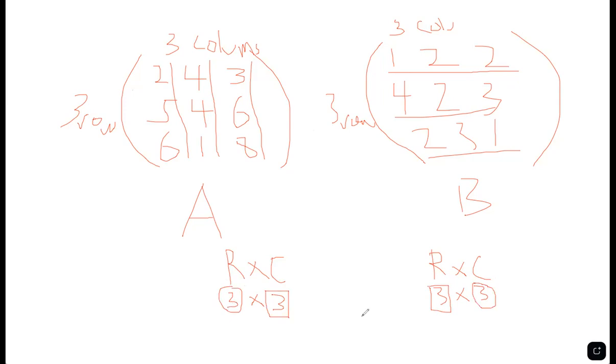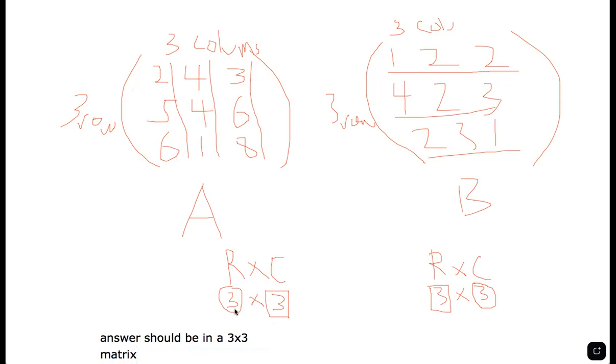So if here is 3 and here is 3, the answer should be in a 3 by 3 matrix.